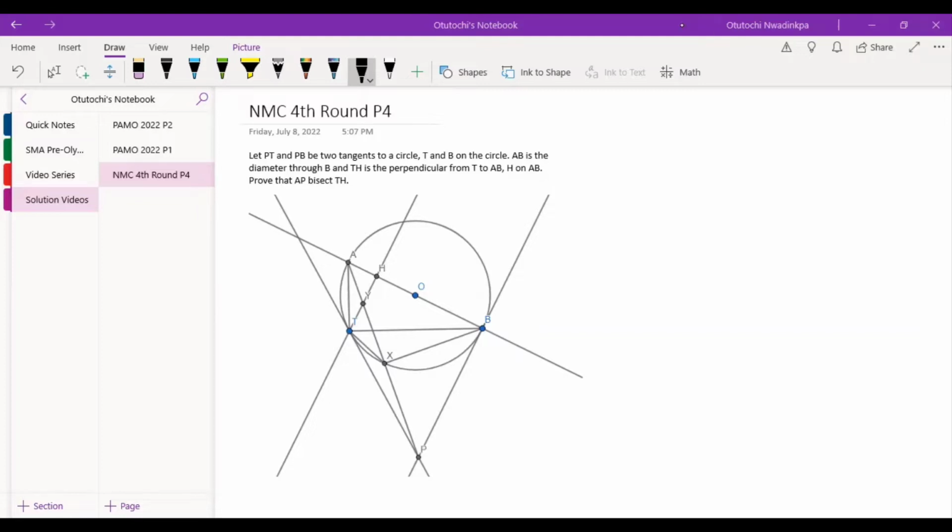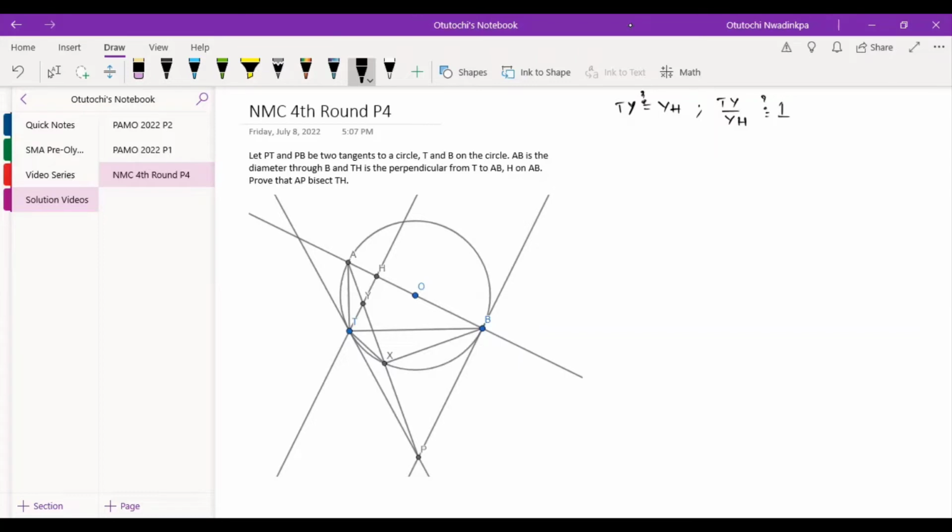So like I said, what I want to show is that TY is equal to YH. Or in short, that TY over YH is equal to 1. Right, this is what we want to show.